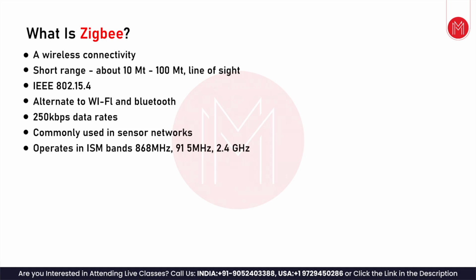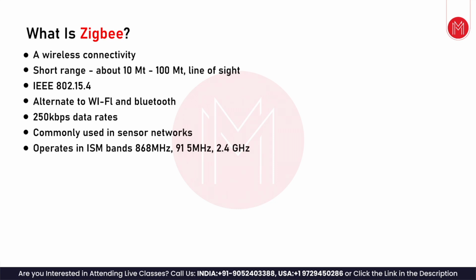It is an alternative to Wi-Fi and Bluetooth. It can run at a maximum data rate of 250 kbps. On a UART, you can easily run it at 115 kbps or 50 kbps rates. You can set it and then run it on the UART.